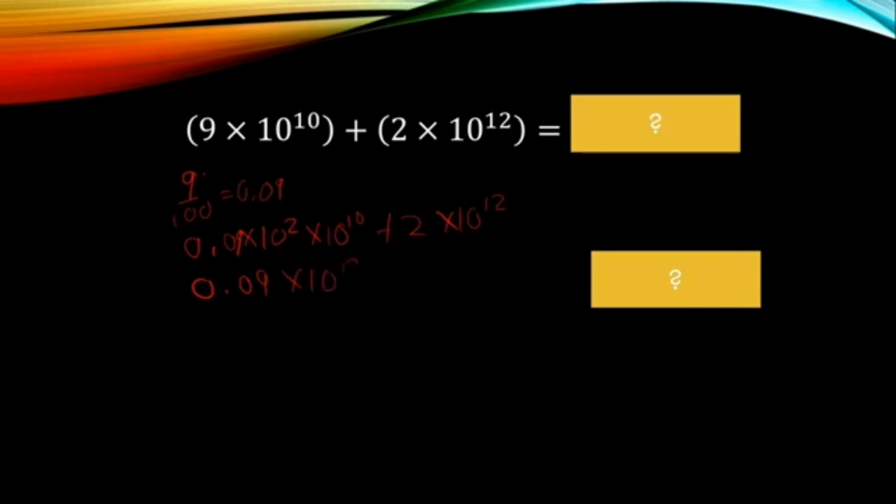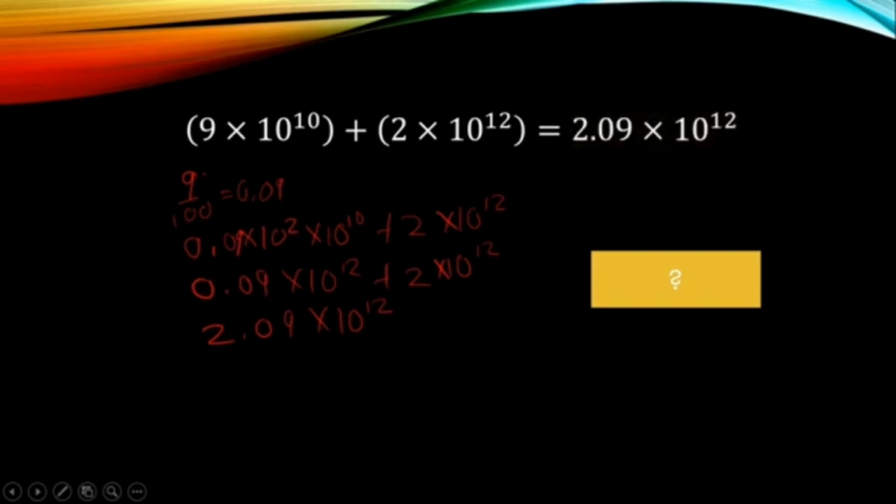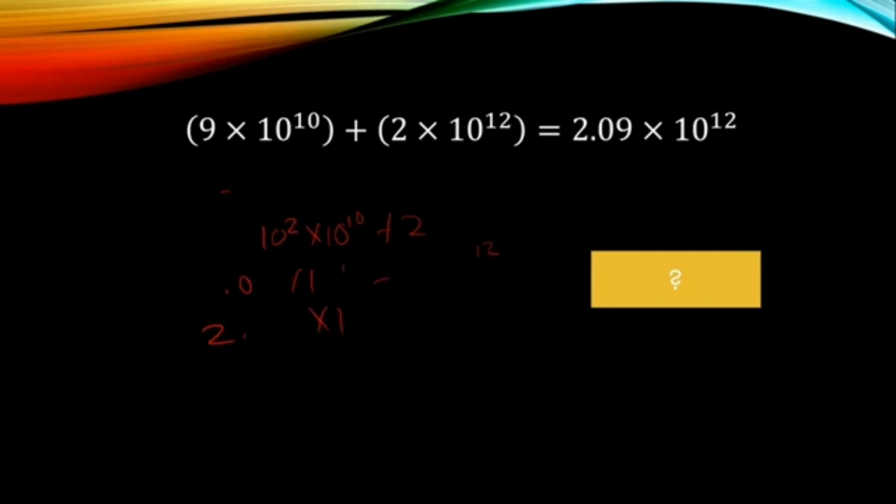Here you can see now we can add these powers to get 12, so 0.09 times 10 to the power 12 plus 2 times 10 to the power 12, which will give us 2 plus 0.09, 2.09 times 10 to the power 12. Let's check if our answer is agreeing. Yes, 2.09 times 10 to the power 12.